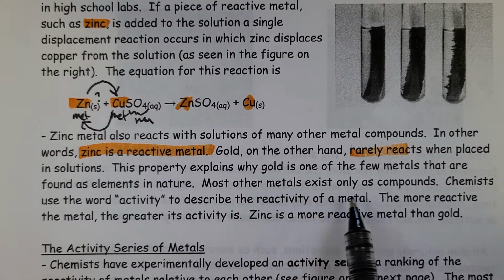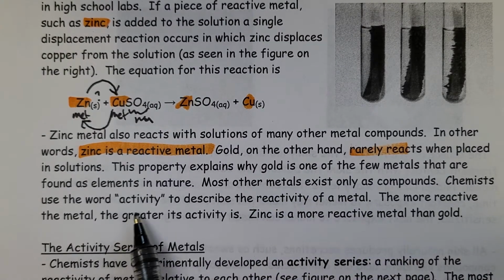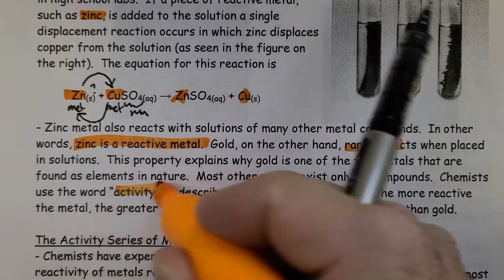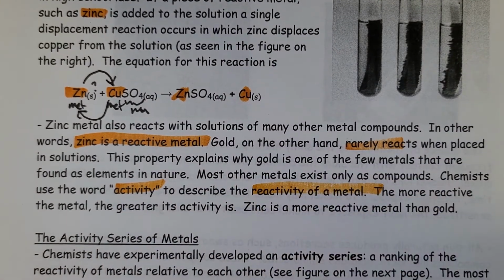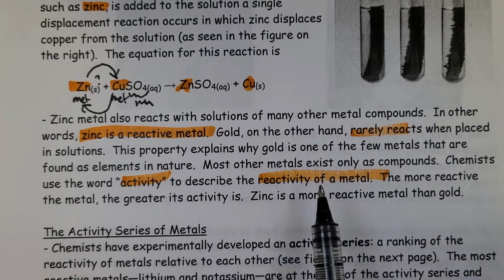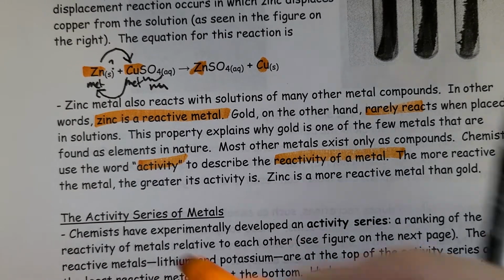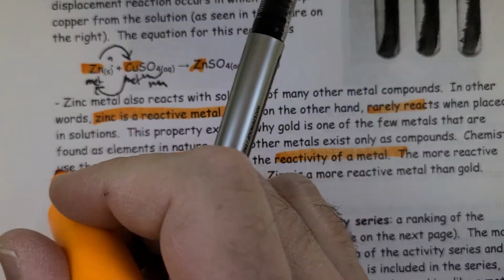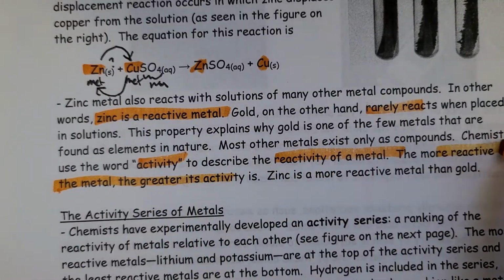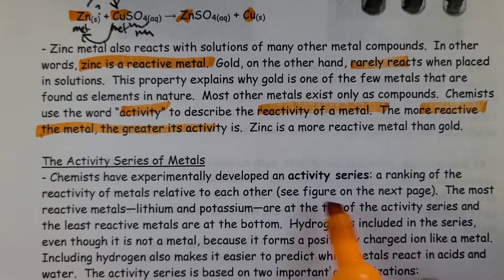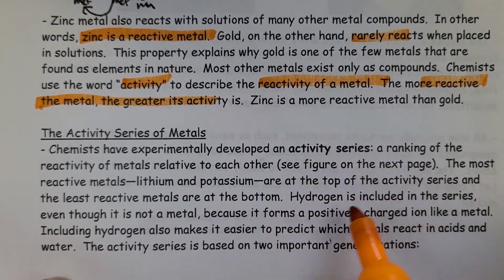Most other metals exist only as compounds. Chemists use the word activity to describe how reactive a metal is. The more reactive it is, the greater the activity is, so the more that it can replace other metals in the compound. So we say zinc is more reactive than gold.